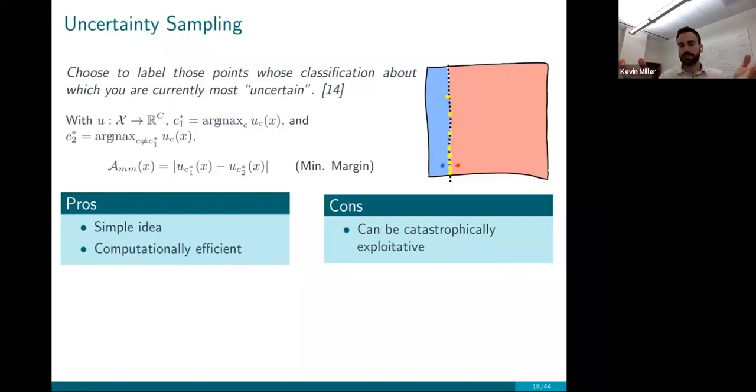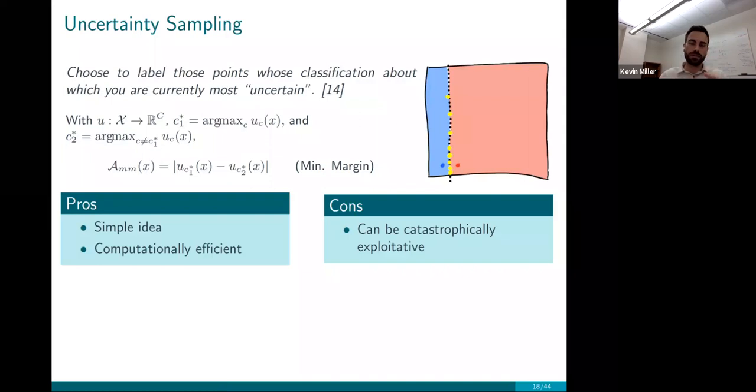One, it's a simple idea. It's intuitive, but it's also computationally efficient. Recall that in the active learning process loop, we're iterating between the semi-supervised inference and then query point selection. So at each iteration, we have access to the updated semi-supervised classifier.